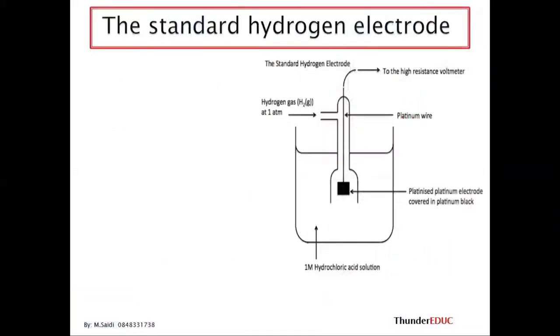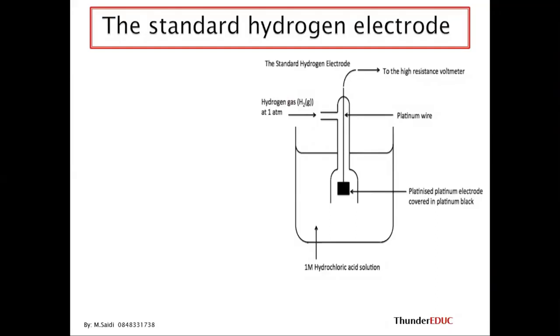Let's look at the standard hydrogen potential. Why do we start with the standard hydrogen potential? Because hydrogen is regarded to be the benchmark, the one which we compare to. Whatever we do, we compare it to hydrogen. So it's the standard. Above it, it means that the cell can continue.